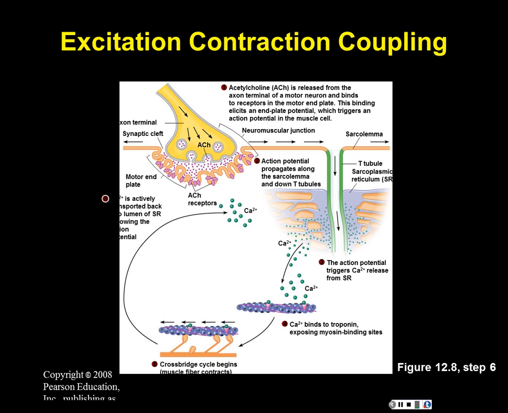Staying in the lumen of the SR when the muscle's relaxed. Muscle excites, boom, cytosol. Muscle relaxed, boom, where? Relaxing, SR. Action potential, out in the cytosol. Relaxation, back in the SR. That's what it's doing. Okay.